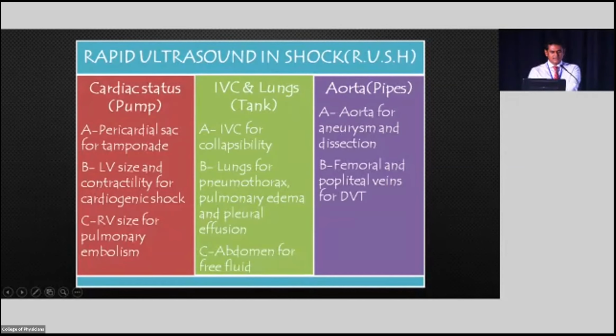It also extends into looking at the aorta, especially for dissection, and veins for deep vein thrombosis. Now you see how much information you can get just by doing a proper focused ultrasonography.